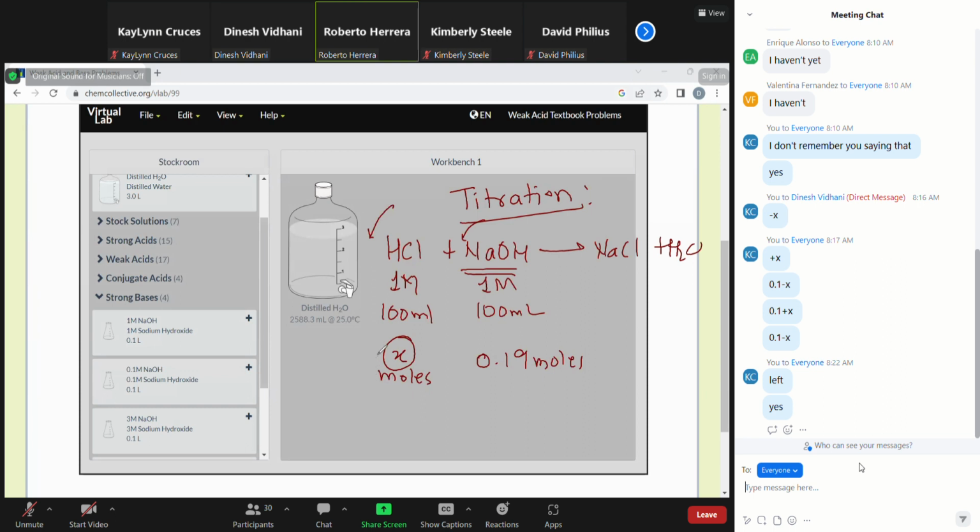That's going to be 0.19, right? Because X needs to be equal to the amount of NaOH, right? Okay. But now in the form of an equation, it works quite simply.